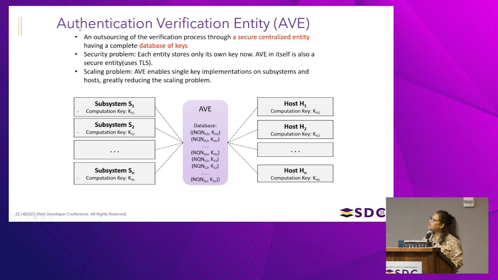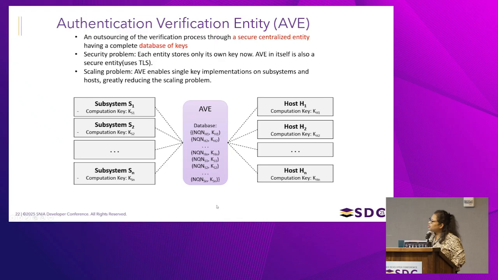So what is AV? AV is centralized, you can consider it as a database which stores all these keys. So it's an outsourcing of the verification process through a secure centralized entity. AV itself runs on top of TLS, so it's secure, and it stores basically all the verification keys.